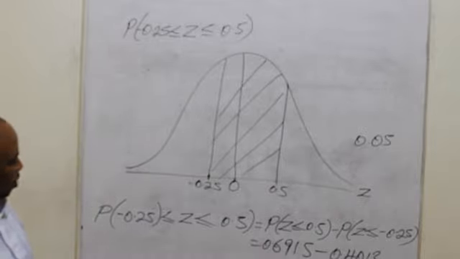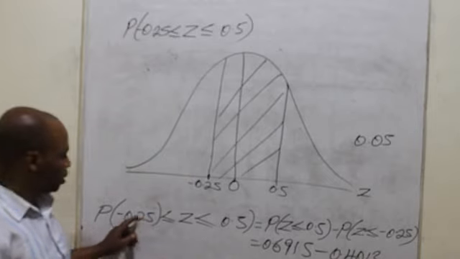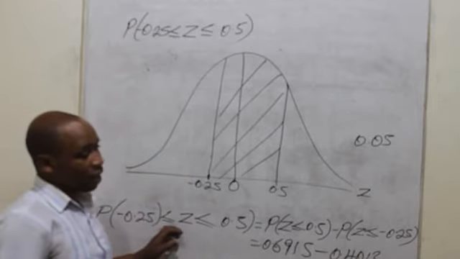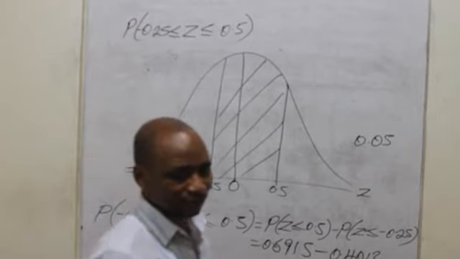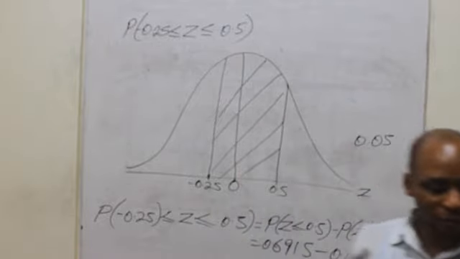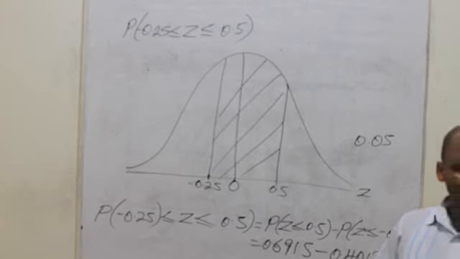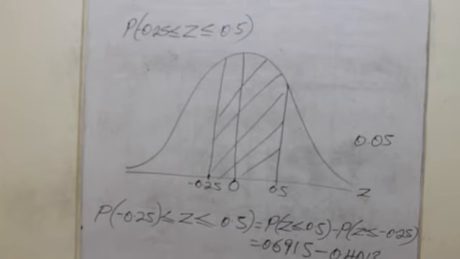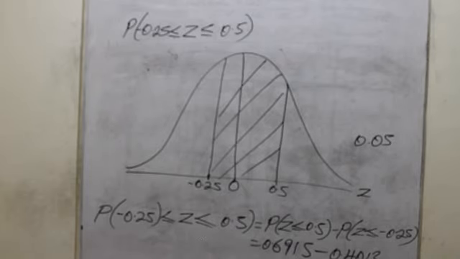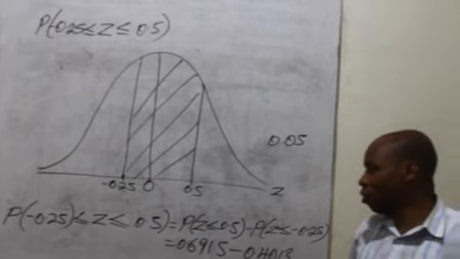So the probability of X lying between 1 and 4.